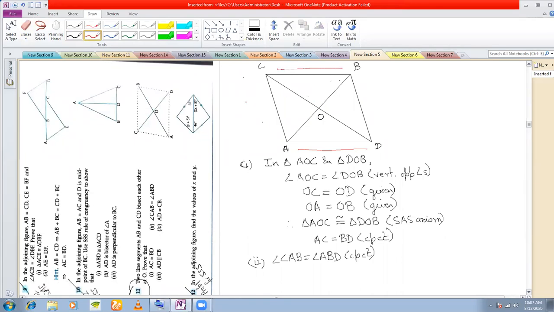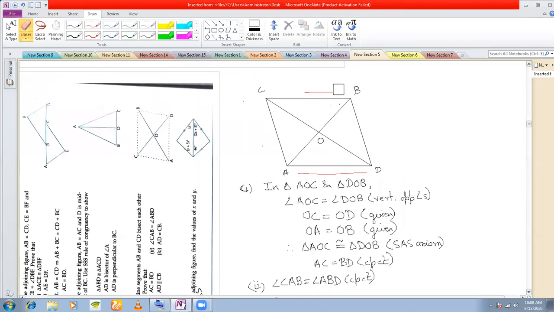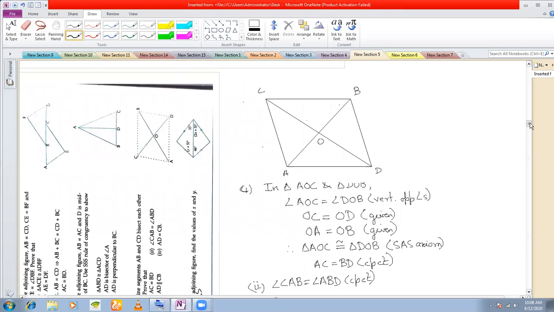Okay. How will you show these two are parallel? See, if I can show that these two angles are equal, then can I say that these two are parallel?